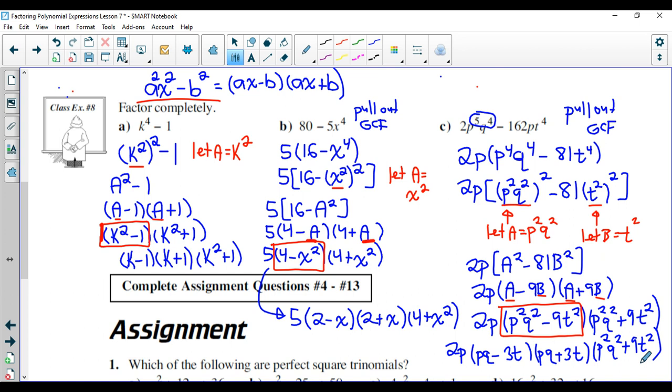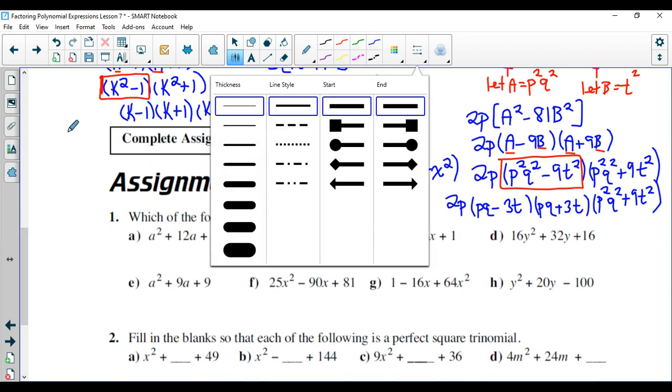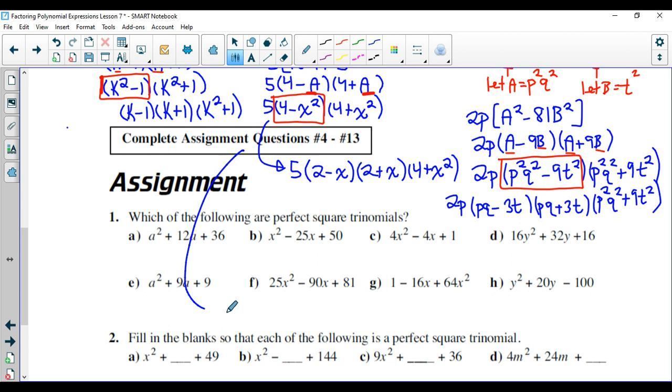Okay, so here's what we can do in terms of an assignment. Again, I'll just pull it down here because I've completely run out of space.